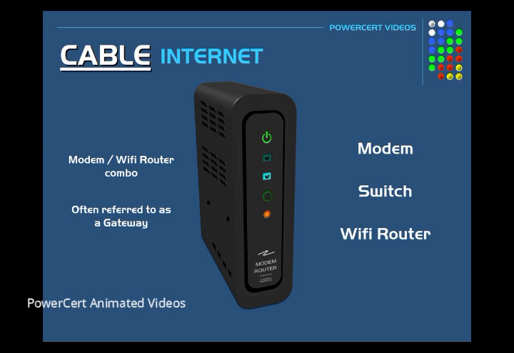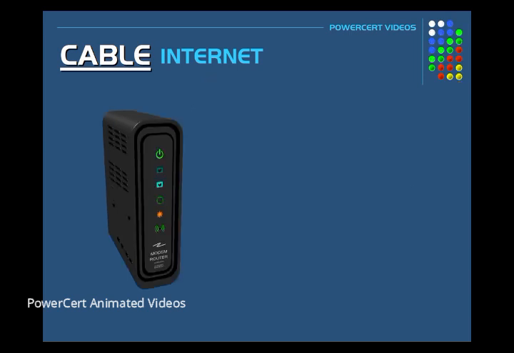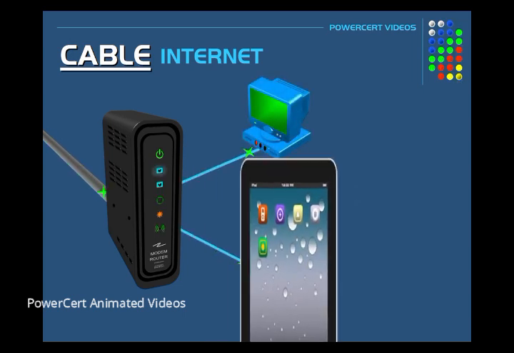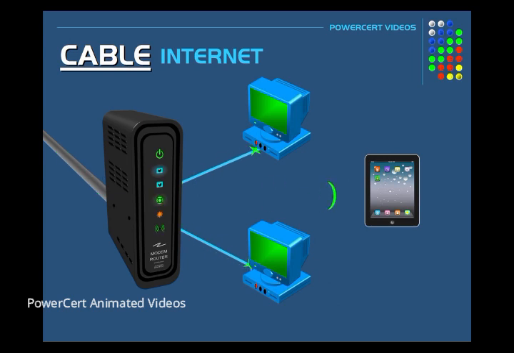So when you receive this modem from your ISP, you would attach a coaxial cable that's routed into your home, and then you would attach it to the back of the device. The modem is what brings the internet into your home, and the switch and the Wi-Fi router is so that you can connect multiple wired and wireless devices such as computers, laptops, tablets to the modem to give them internet access. And that's basically it.